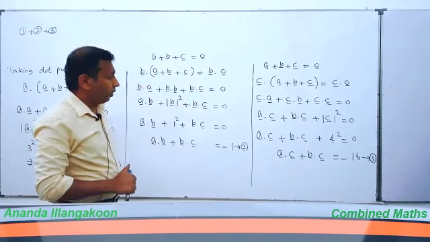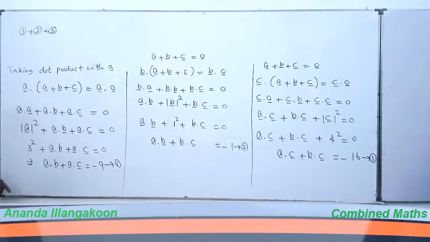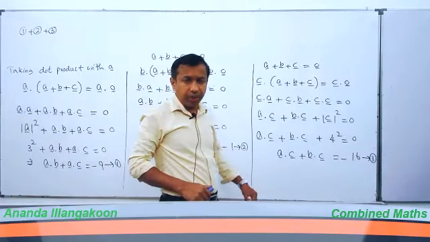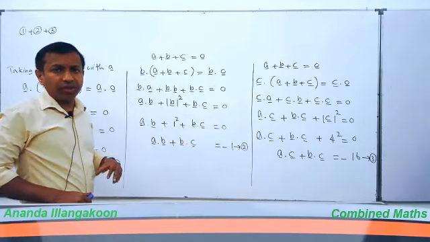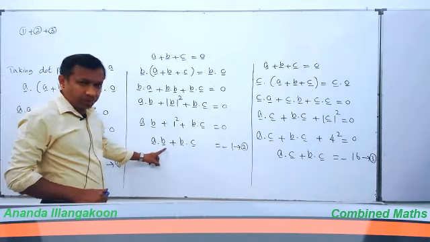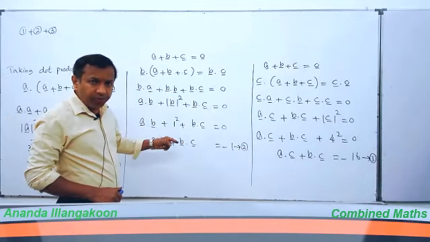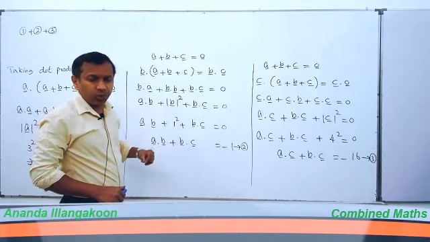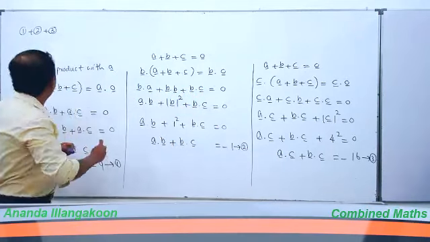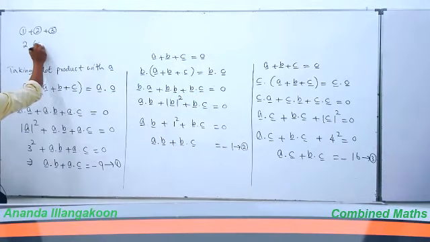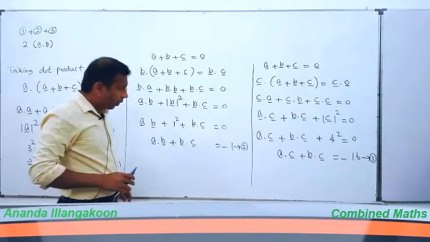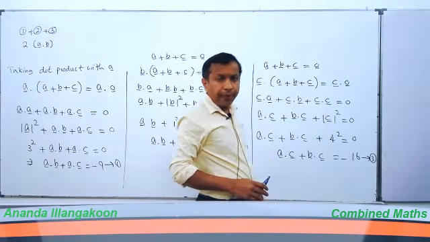When we add the left hand side, here we have A dot B, here we have A dot B, and this one doesn't contain A dot B. A dot B plus A dot B is like x plus x, which is 2x. So A dot B plus A dot B is 2 times A dot B. Next, here we have A dot C and here we have A dot C, so 2 times A dot C.